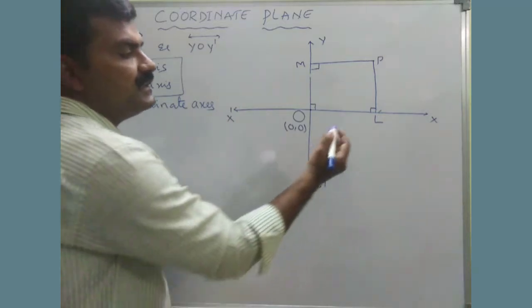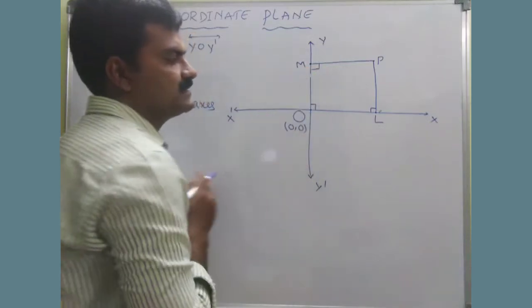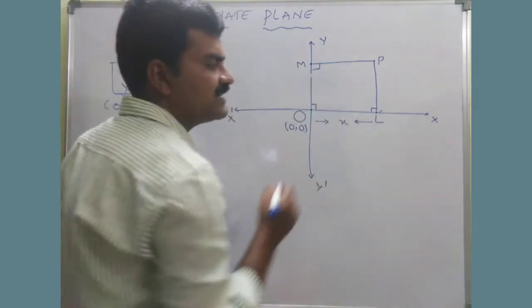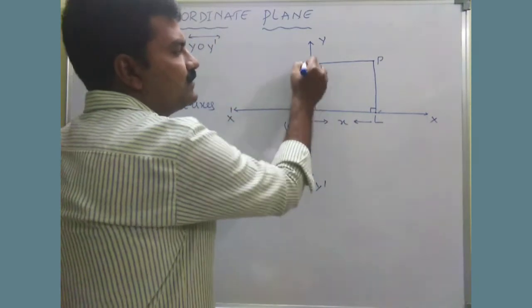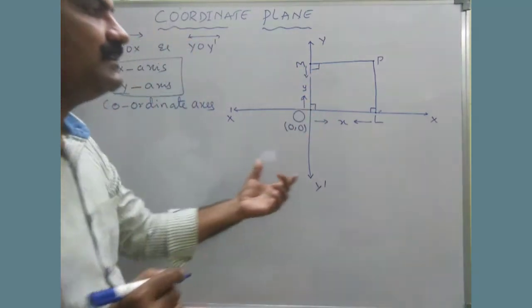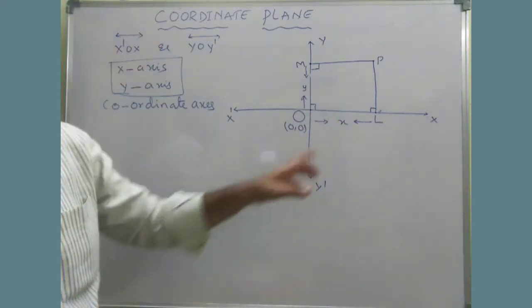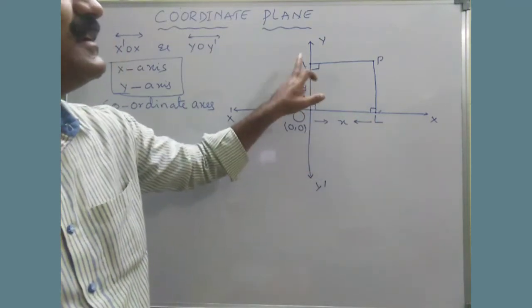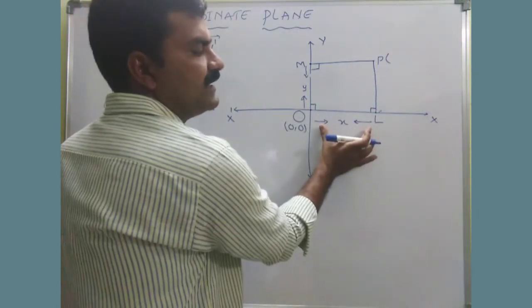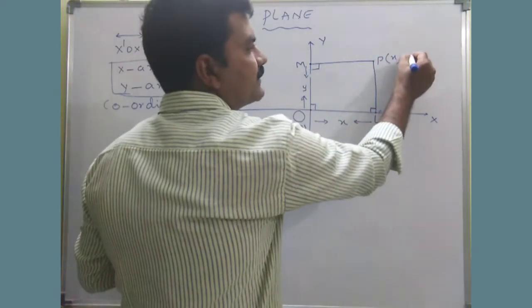L is a point on the x-axis and M is a point on the y-axis. Suppose the distance OL is a small x, and the length OM is a small y. Then small x and y are the two real numbers assigned to L and M respectively. Then the coordinates of P are: the x coordinate is small x and the y coordinate is small y.